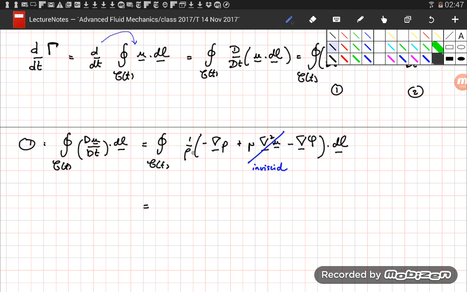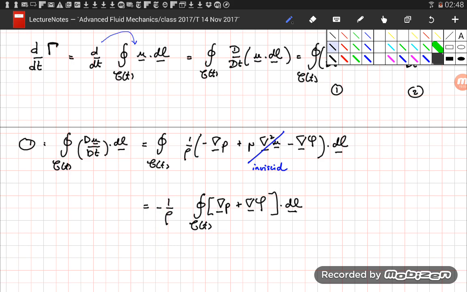Now, let me make that easier. I'm going to assume the fluid is incompressible, so rho is a constant. I can take it outside of the integral with the minus sign: integral along a closed contour of gradient of p plus gradient of phi, dot dl.